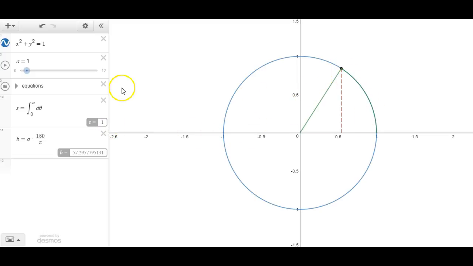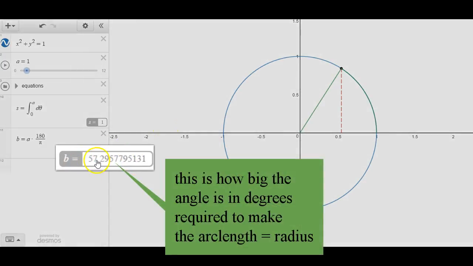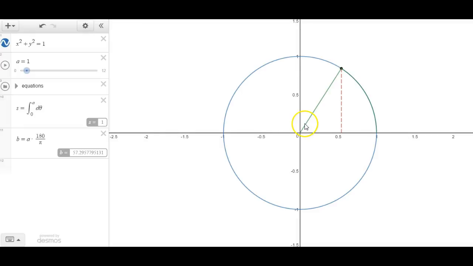Again, don't worry about this down here. This is the conversion from A. A is already in radians, but this is the equivalent measure in degrees. Between the positive x-axis and the positive y-axis, right in between would have been about a 45-degree angle, which is half of 90.